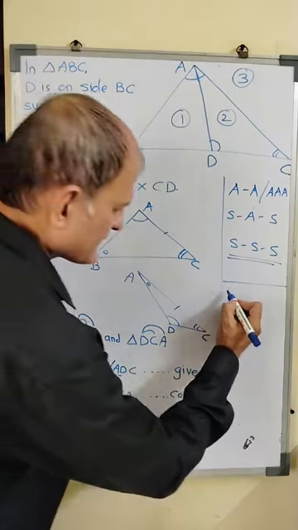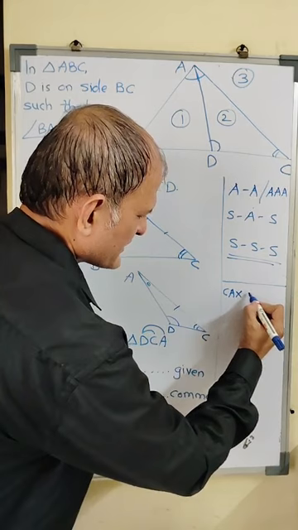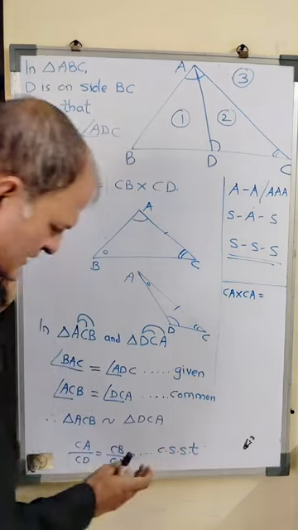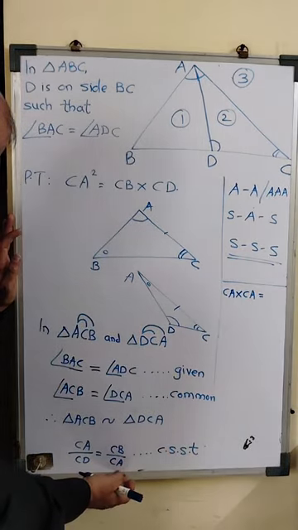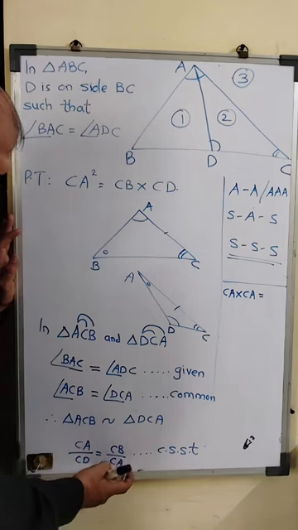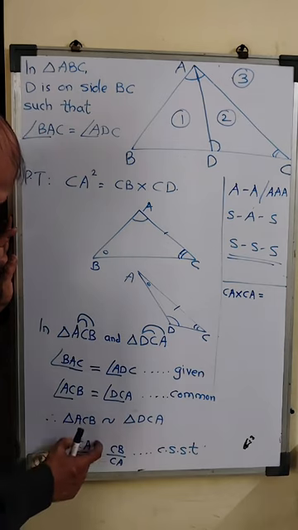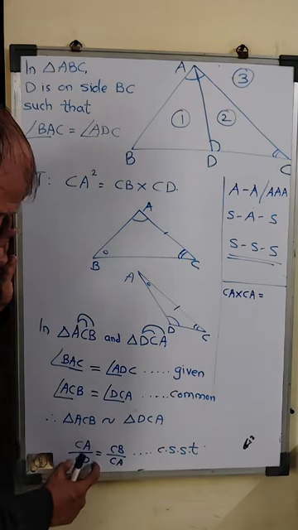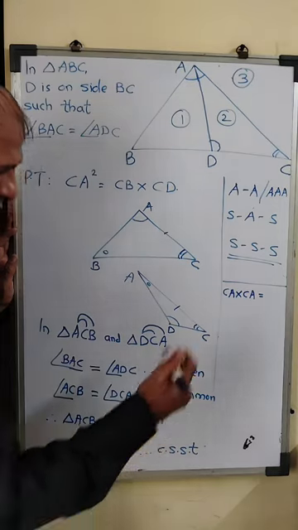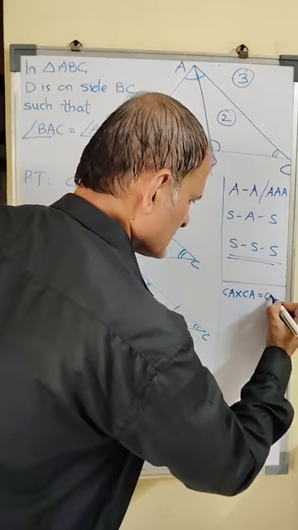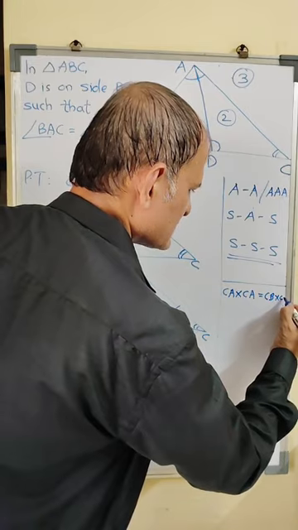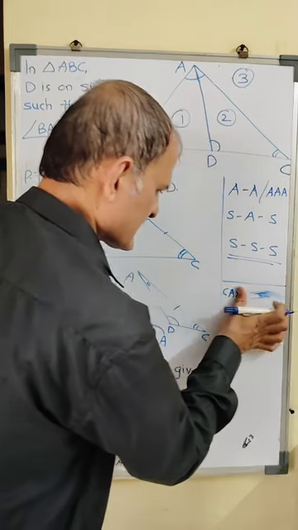So this CA will multiply this CA. Okay, here it is transposed from right to left. On the right hand side, CA is dividing the numerator, so here it will multiply the numerator, and this CD is dividing CA, so here it will multiply, so that will become CB into CD. I'm sorry, I'll write it again.